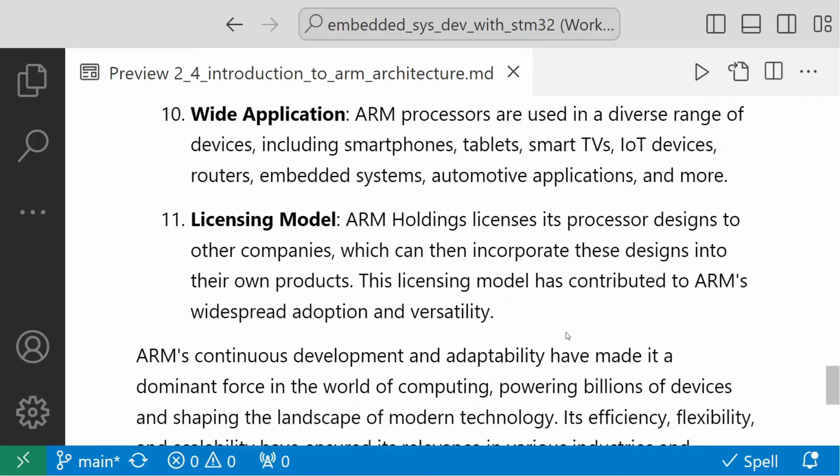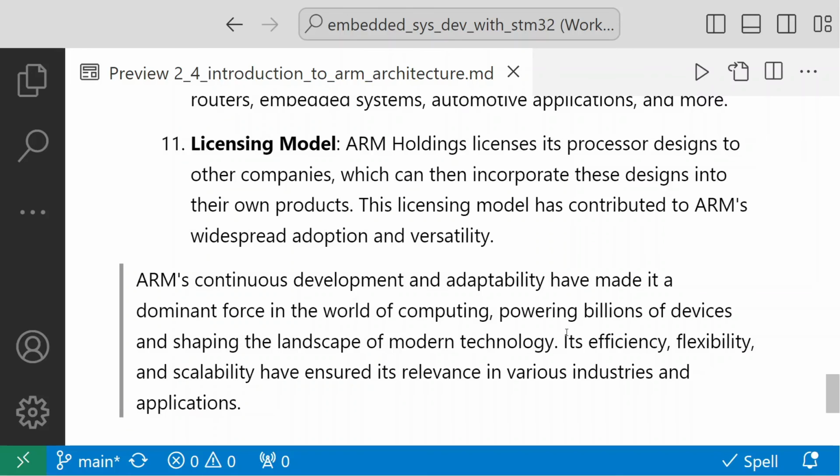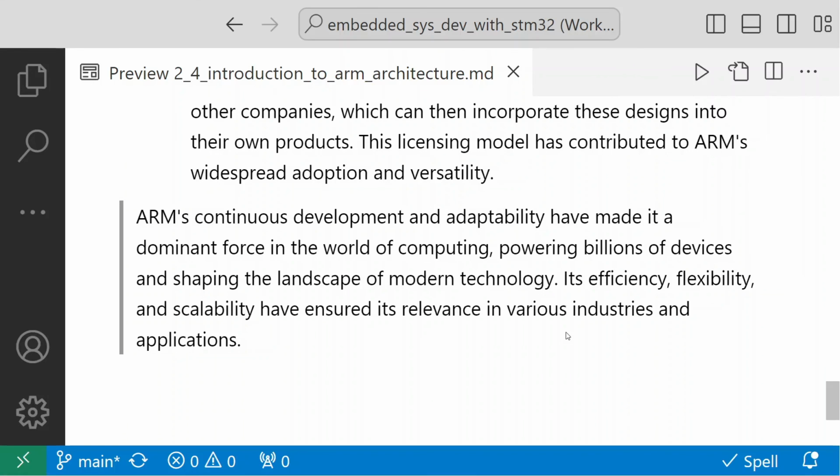That is how we get the ARM processors out in the market. Similarly, other vendors like TI and NXP use ARM architecture, which gets licensed from the ARM company. ARM's continuous development and adaptability have made it a dominant force in the world of computing, powering billions of devices and shaping the landscape of modern technology.